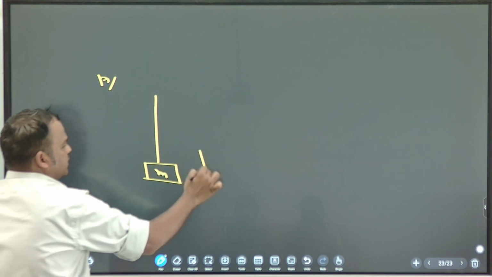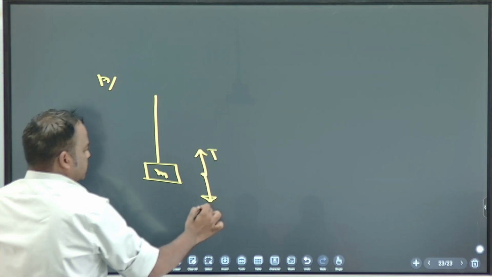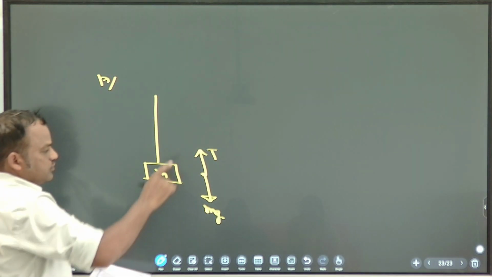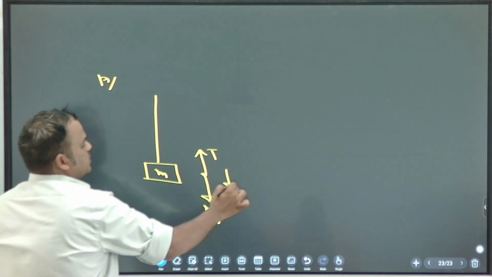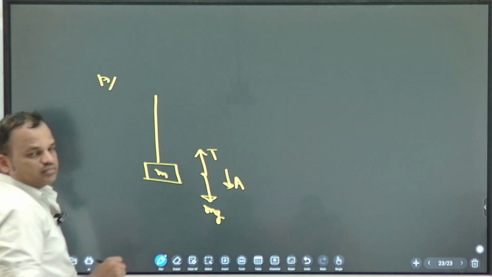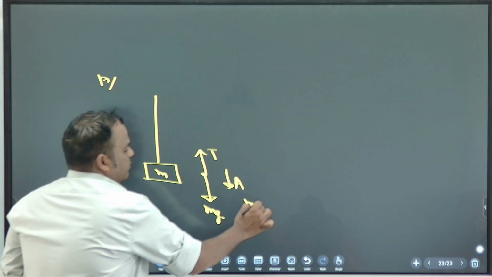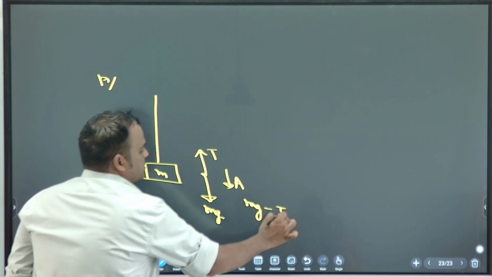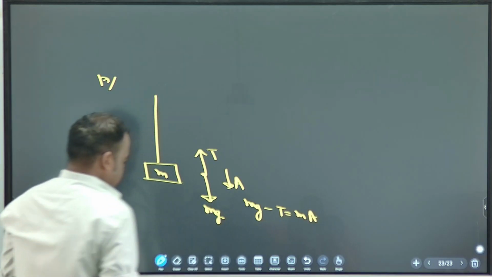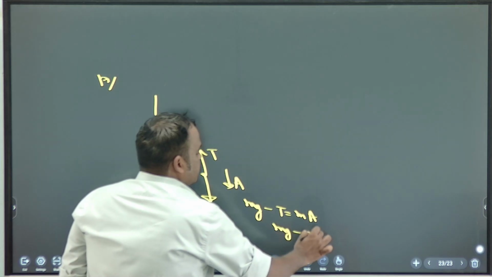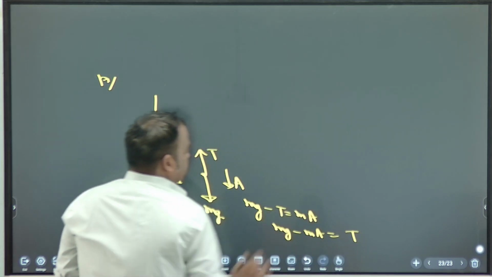Upward force is tension, downward force mg. Acceleration is where, up or down? Falling down, so acceleration is down. Which force is greater? mg. So unbalanced force mg minus T is equal to ma. So mg minus ma is equal to tension.